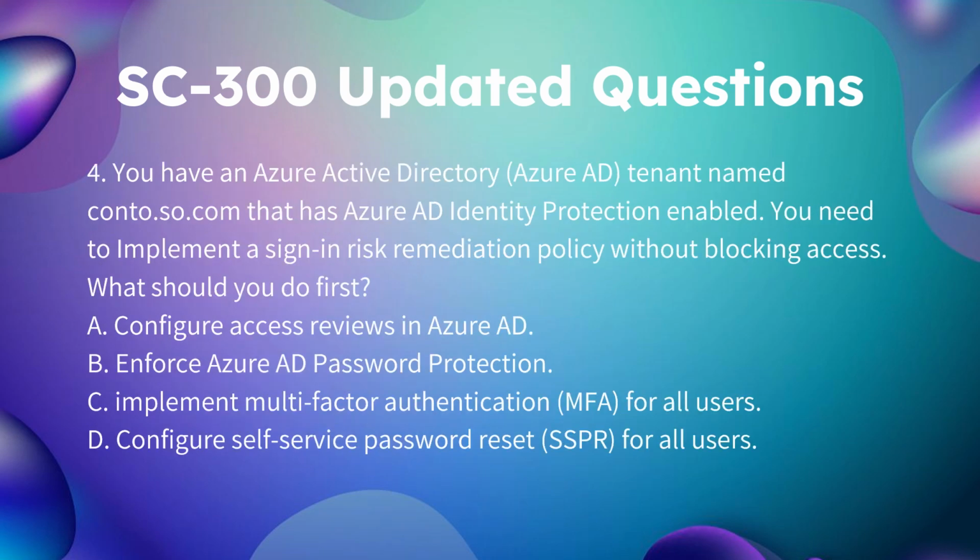4. You have an Azure Active Directory, Azure AD tenant named contoso.com that has Azure AD Identity Protection enabled. You need to implement a sign-in risk remediation policy without blocking access. What should you do first? A. Configure access reviews in Azure AD.